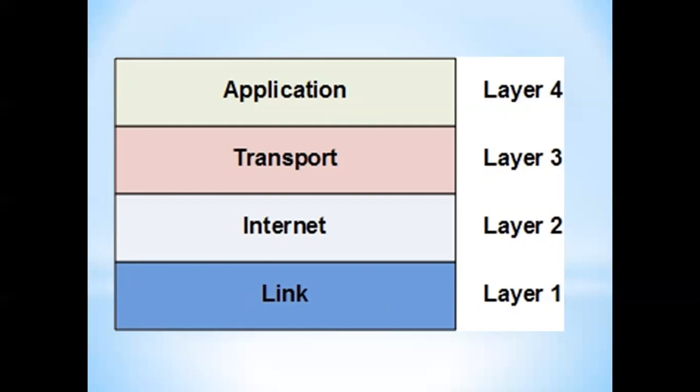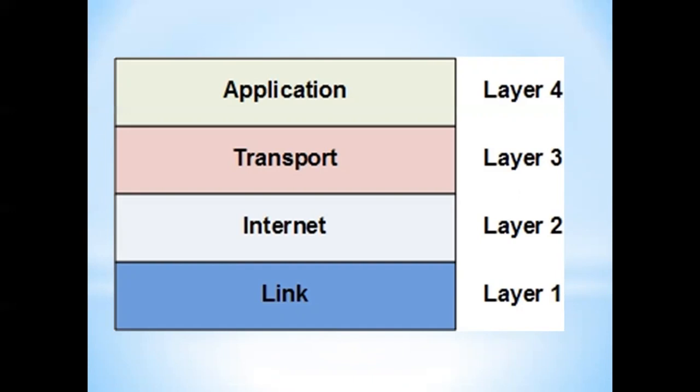The task of this layer is to allow the host to insert the packet into any network and then make them travel independently to the destination. The order in which the packets are received can be different from the sequence in which they were sent. Then the higher layers are supposed to arrange them in the proper order.